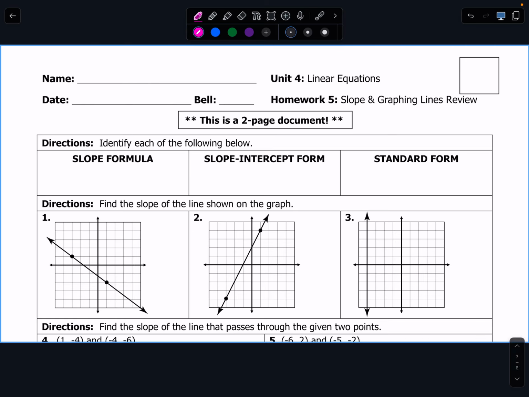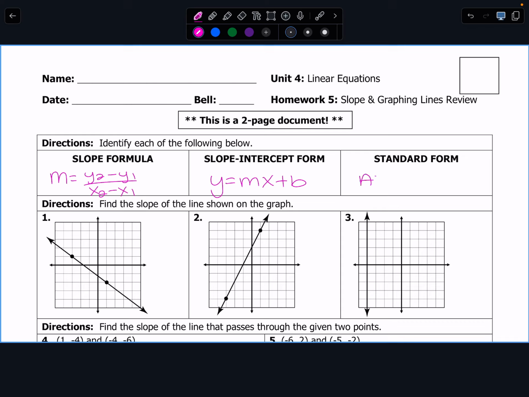So first, so you guys don't have to go back and look. Your slope formula is y2 minus y1 over x2 minus x1. Your slope intercept form is y equals mx plus b.